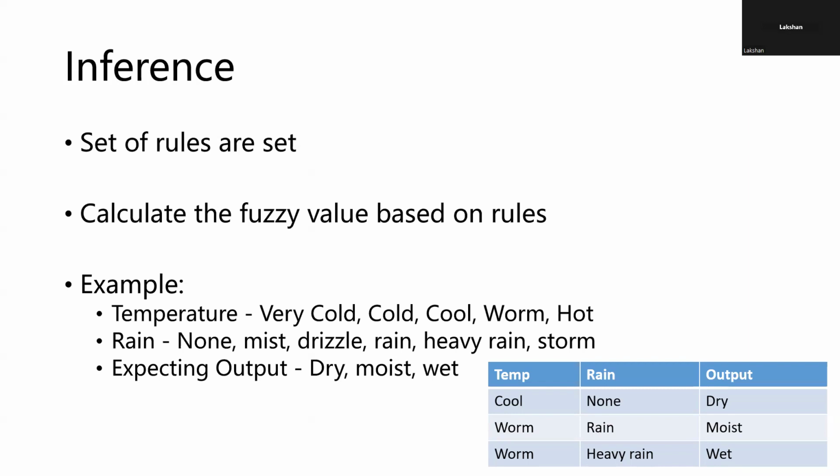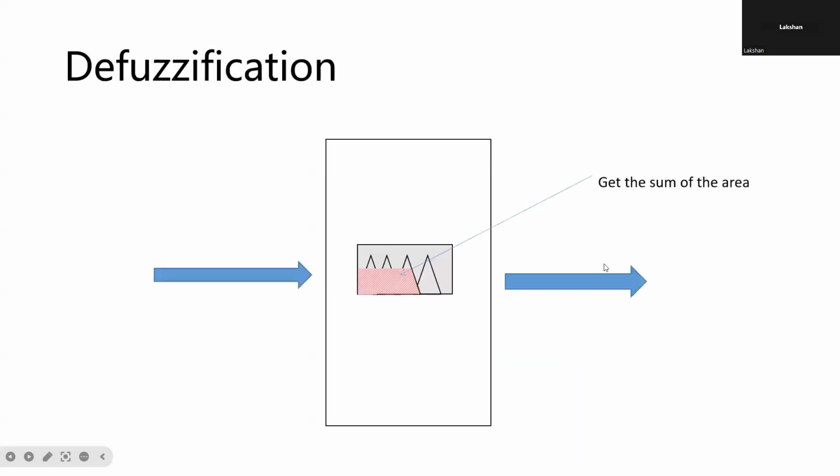If there's a high temperature and no rain, it is dry. If it is warm and it is rainy, it is a moist condition. Again, if it is warm and there is heavy rain, it is wet conditions. So we have a set of rules like this.